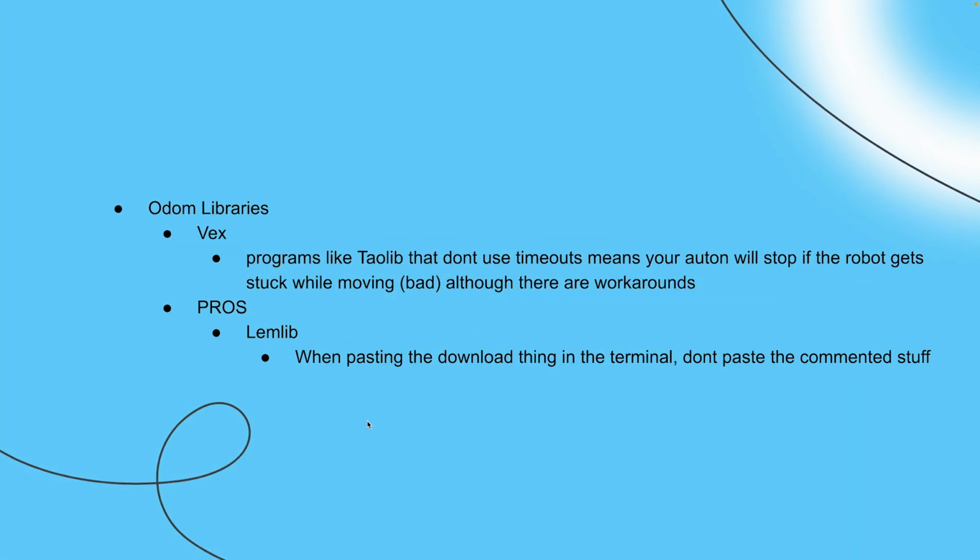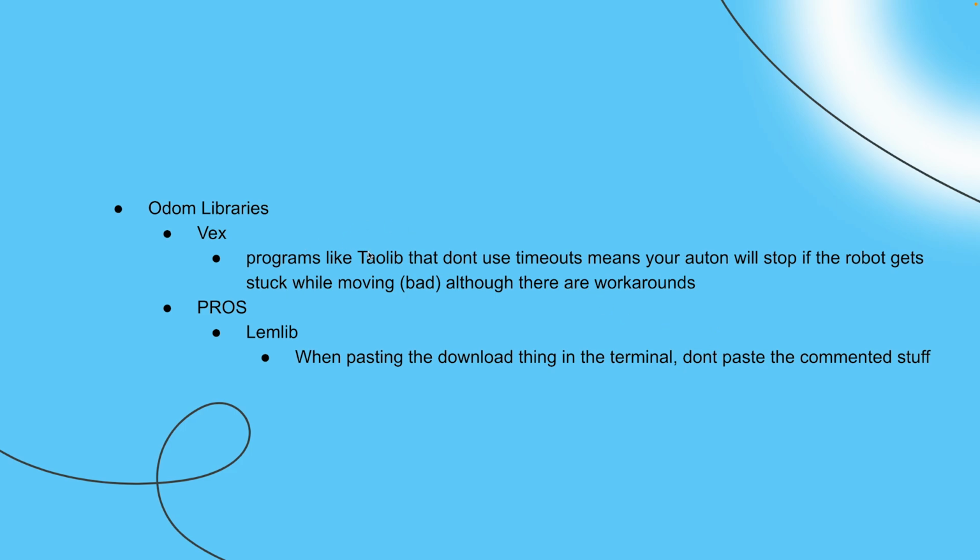Okay, so for odom libraries, there's a couple specific things. For the VEX extension, I use Tailib. Just in general for odom libraries, keep in mind that you want timeouts, where essentially you tell the robot to move somewhere, and if it runs into something and doesn't get there by a certain time, there's a timeout that says this movement has a maximum of 2 seconds, and then it'll move to the next thing.